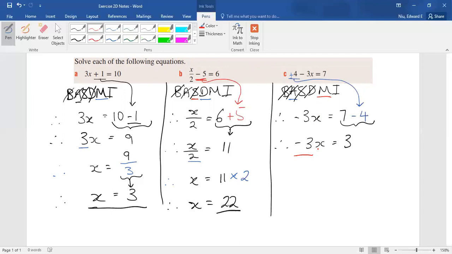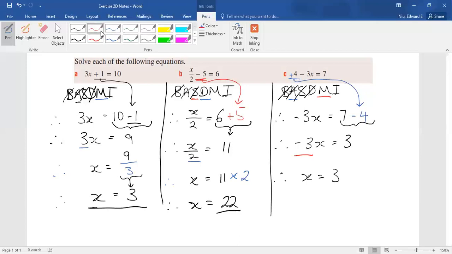Okay, so what do we do here? Any ideas? What's the opposite of multiplication? Division, correct. If you answered division, well done. So, contrary to addition and subtraction, when we throw across multiplication or division, in this case the negative 3 times x, we throw it to the other side.